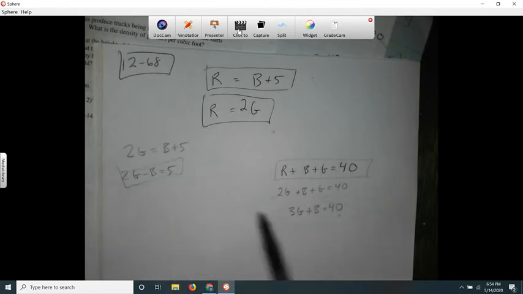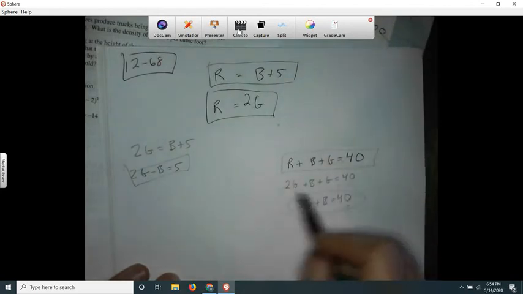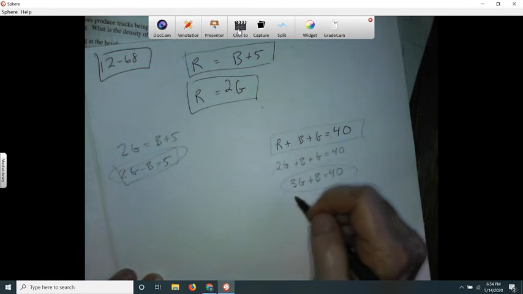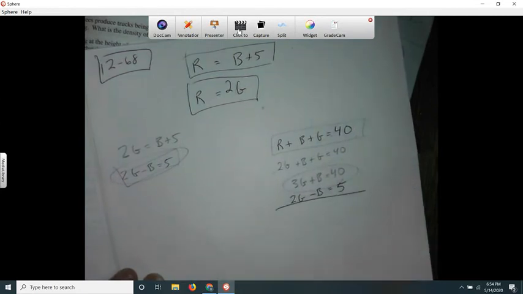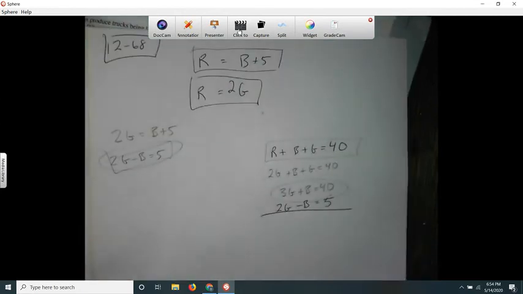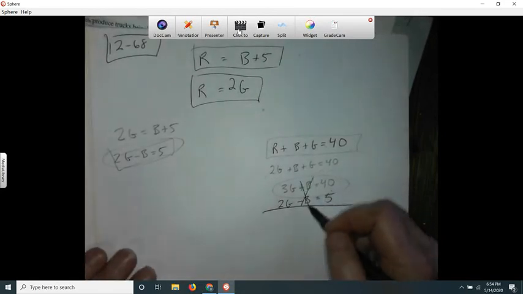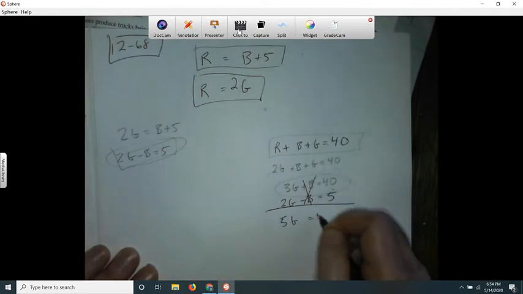So now I have this little equation and this little equation. You'll notice I can write them next to each other like this. And I'm allowed to add them to each other. And if I do add them to each other, the b's are going to cancel out. So then I would have 5g equals 45.